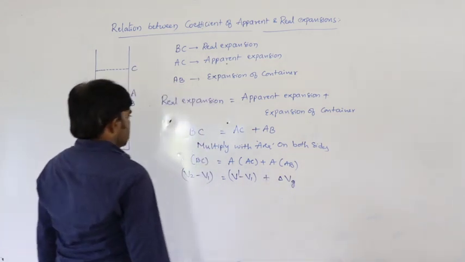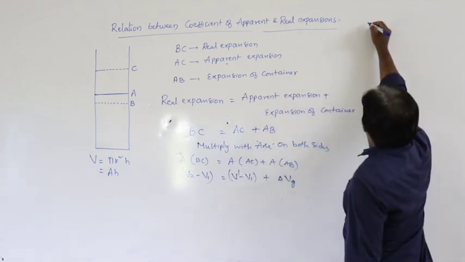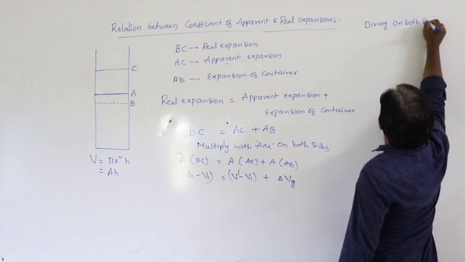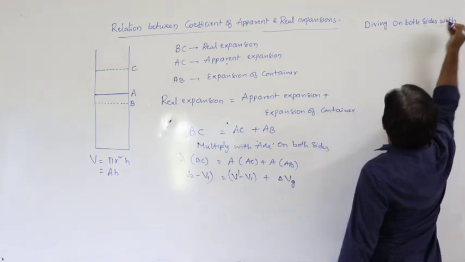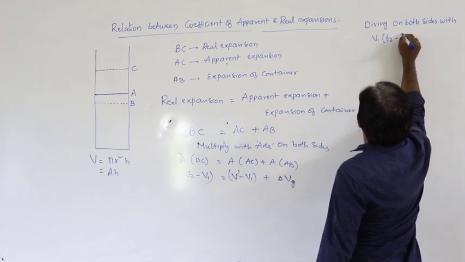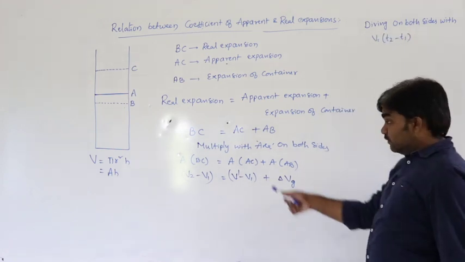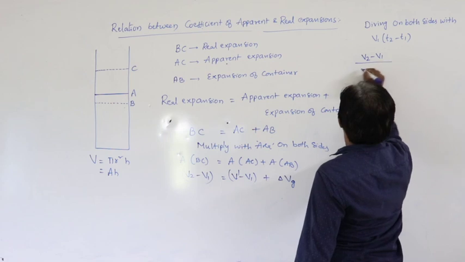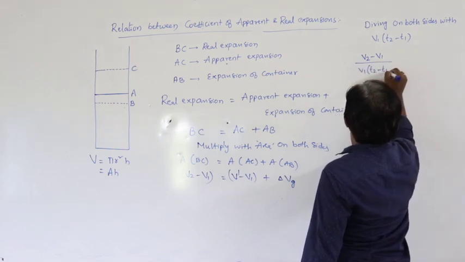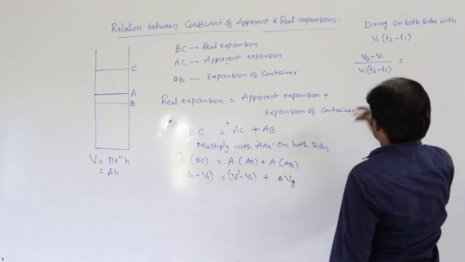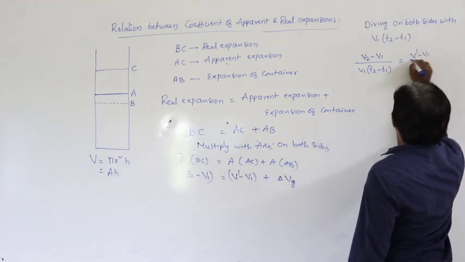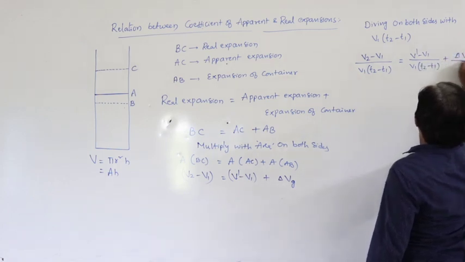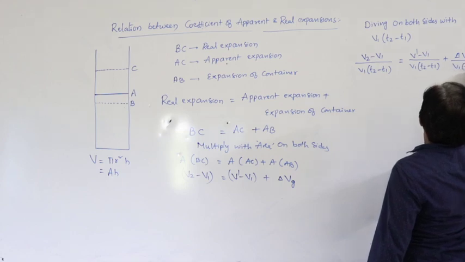Next, dividing on both sides with V1 into T2 minus T1, we got V2 minus V1 by V1 into T2 minus T1, that is equal to V dash minus V1 by V1 into T2 minus T1 plus delta V by V1 into T2 minus T1.